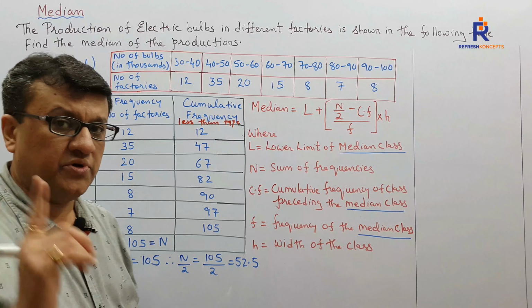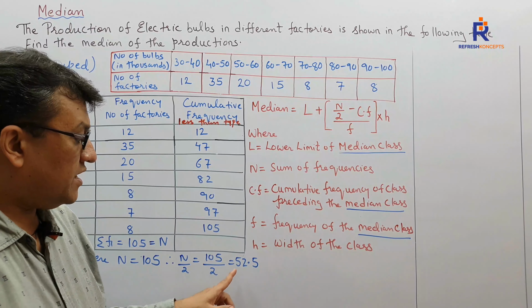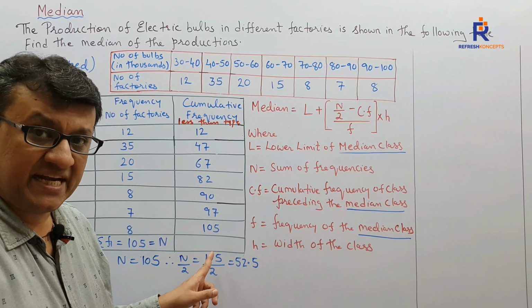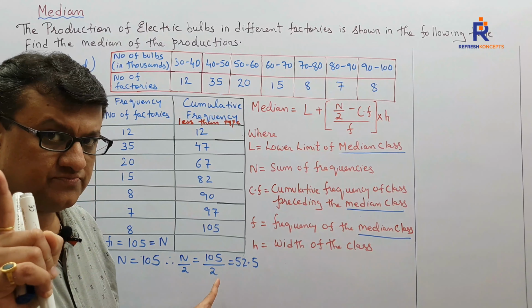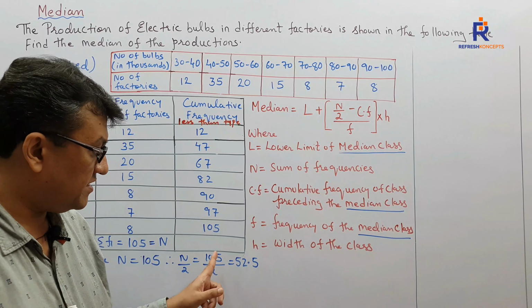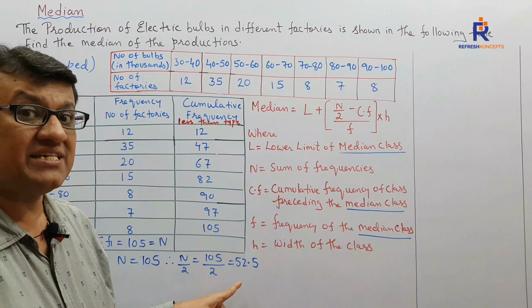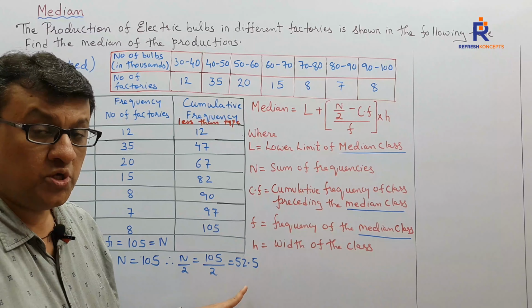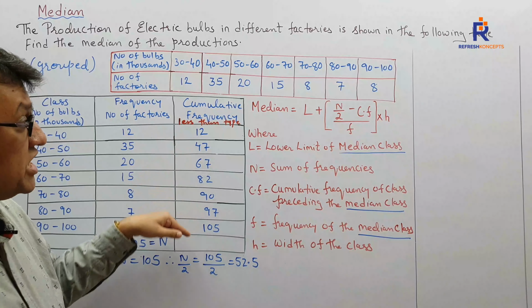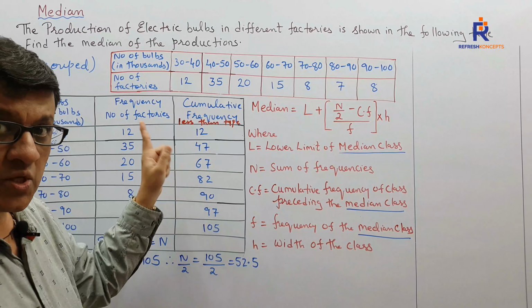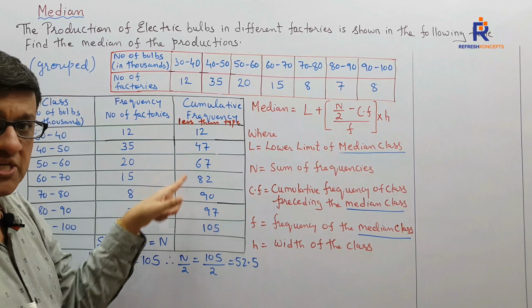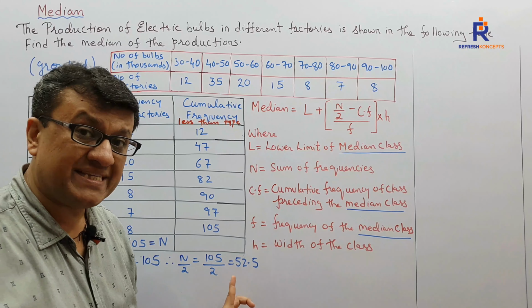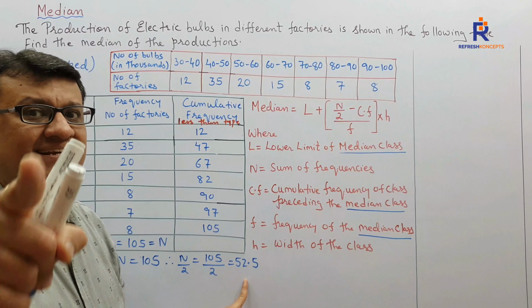Now, what we need to do is, keep this in mind. Listen to me very carefully. Whatever answer we get as n by 2, we need to look within the cumulative frequency column for a number which is equal to n by 2 or greater than n by 2.